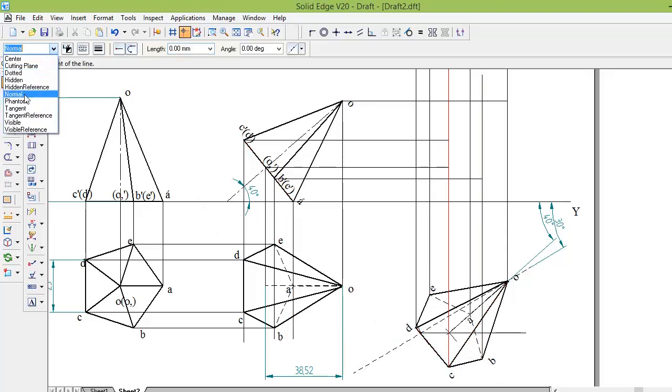Okay, next point is, take this over now. So go to visible line. See, first I will connect ABCD. You can see A here, the point, and B is here. There is C. So it is C here.